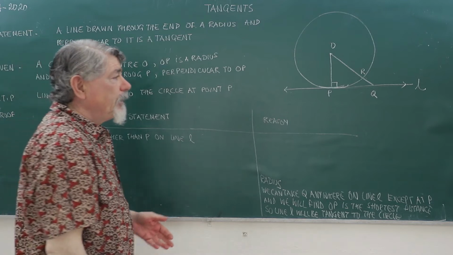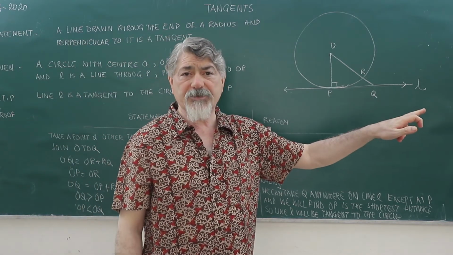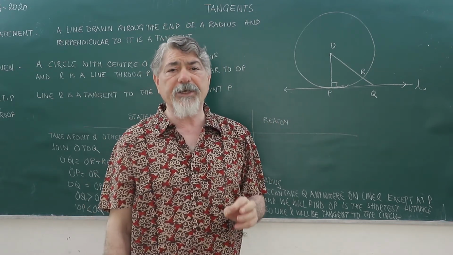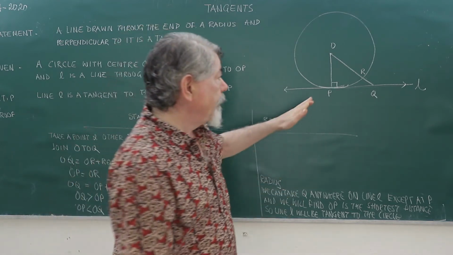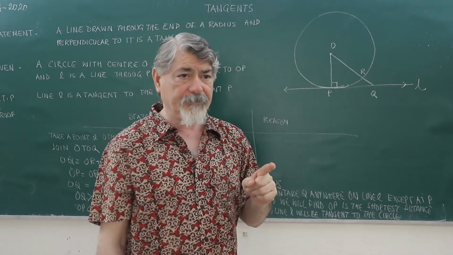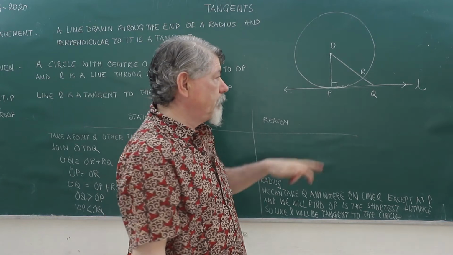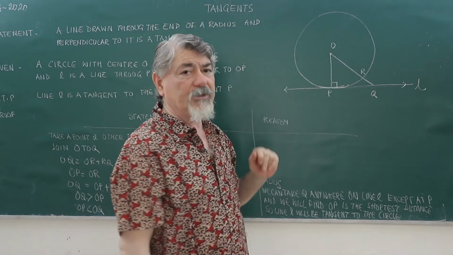That means, I told you that Q can be taken anywhere on the straight line except at P, because P is the point which is on the circumference of the circle. The position of Q is not unique. It can be here, here, anywhere on the line.